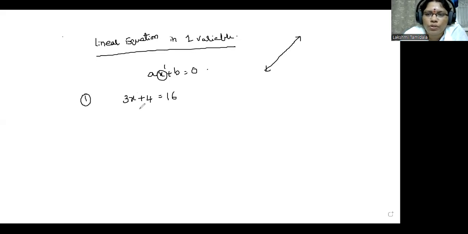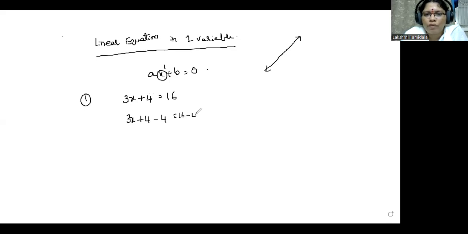To get the solution, we have to undo these things through some mathematical operations. How can we undo this? We undo this 4, as it is getting added here, plus 4. We have to subtract the same to undo this mathematical operation. That means we subtract 4 from both sides.